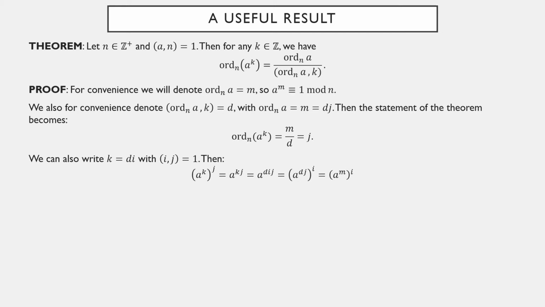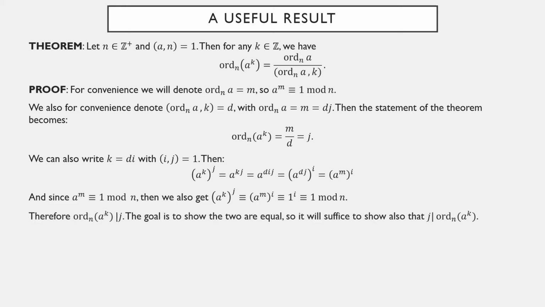In other words, a to the k to the j is the same as a to the m to the i. A to the m, however, was equivalent to 1, so a to the k raised to the j power must also be equivalent to 1 mod n. Therefore, whatever the order of this number is must be a factor of this exponent.